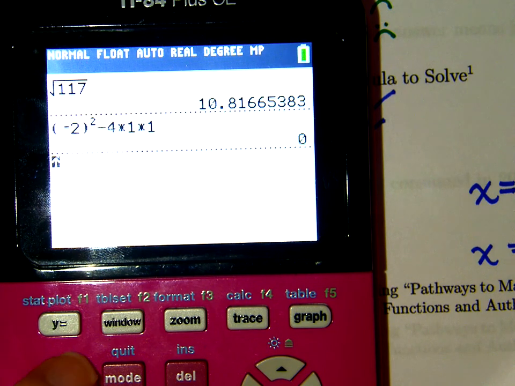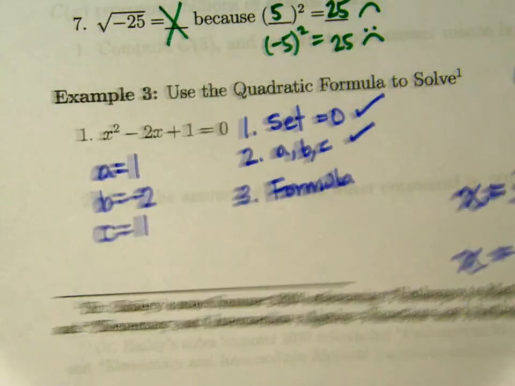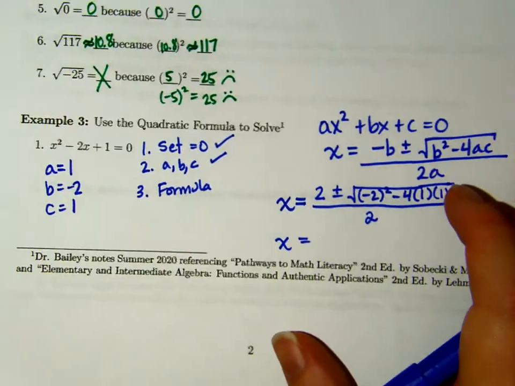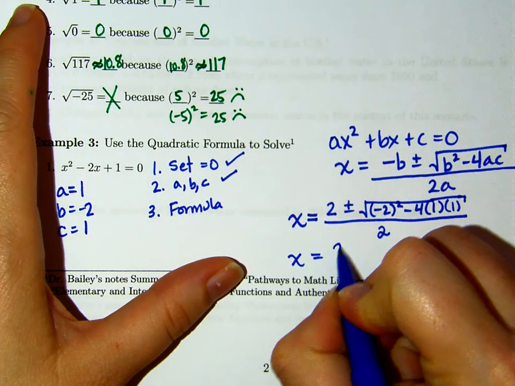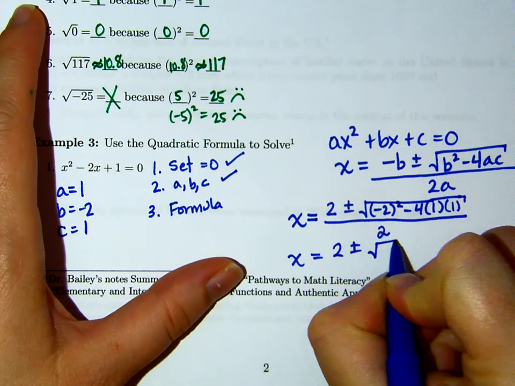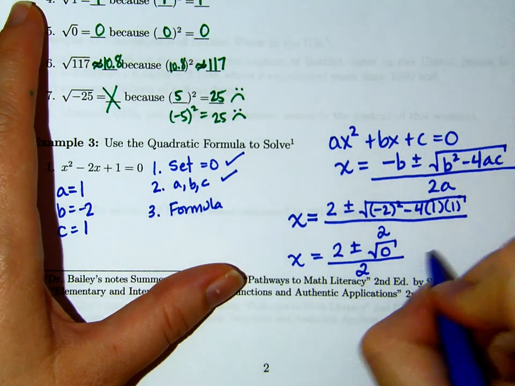And just so that we're crystal clear, the square root of 0 is 0 because 0 squared is 0. So we just did the value under the square root, so we did 2 plus or minus the square root of 0 all over double the a.